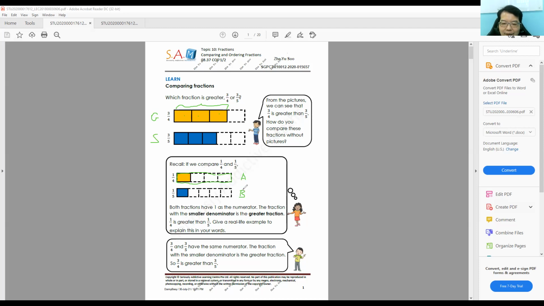For chocolate bar B, I do the same thing, except that now I cut it into 5 parts: 1, 2, 3, 4, 5. And I'm going to give 1 part to you.